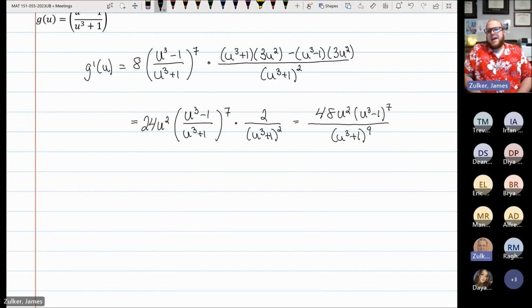And we can simplify that to 48u squared times u cubed minus 1 to the 7th, all over u cubed plus 1 to the 9th.